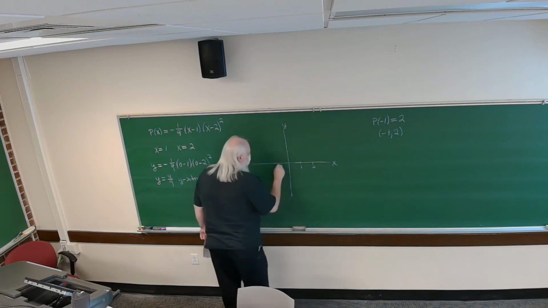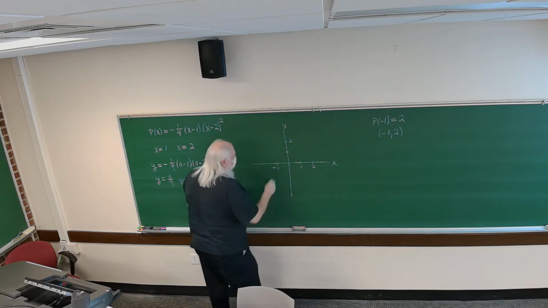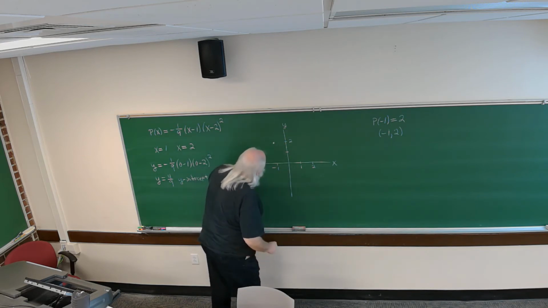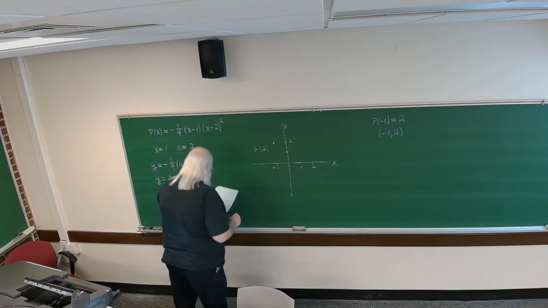So here's minus 1 on the x-axis. Here's y equals 2. And so here's the point minus 1, 2 on the graph.